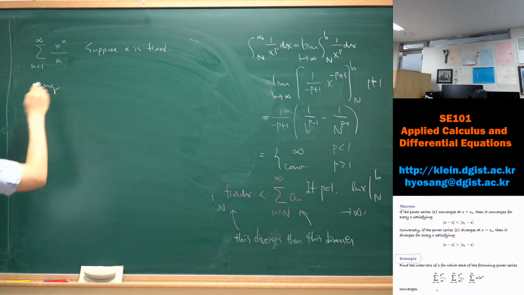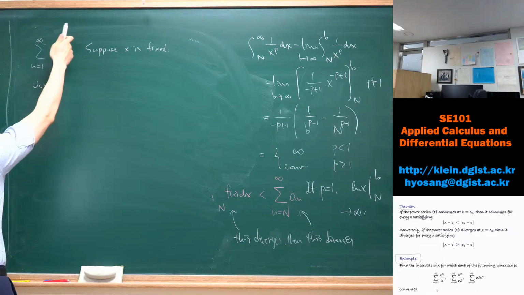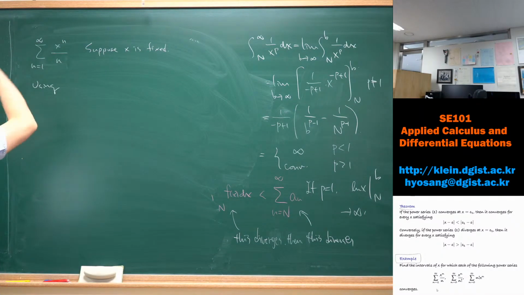Whenever you test this kind of series, let's try to use the ratio test, because we have powers here. If you take the ratio, the power cancels out and the ratio becomes simple.